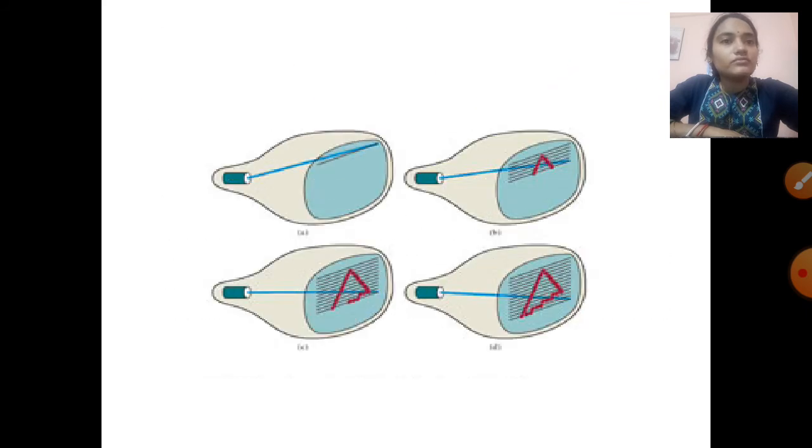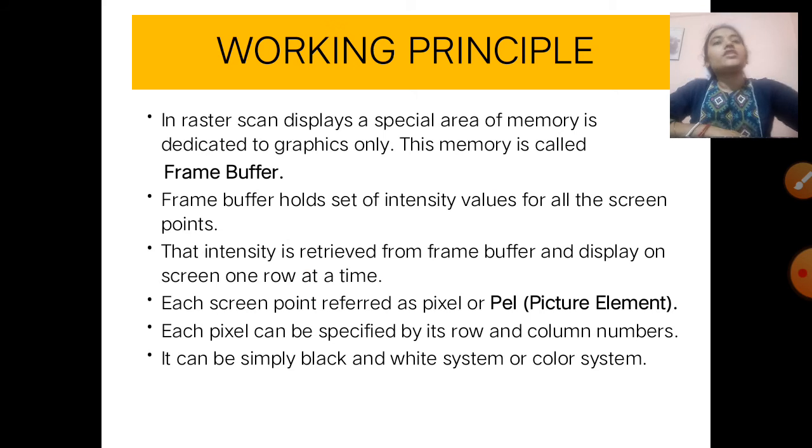The frame buffer holds a set of intensity values for all the screen points, the points which are shown on your screen. The screen points' intensity values are stored in the frame buffer. That intensity value is retrieved from the frame buffer and displayed on screen one row at a time.